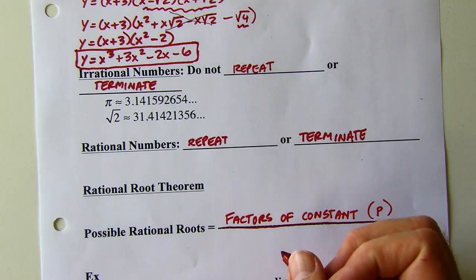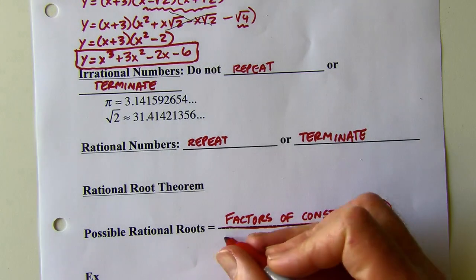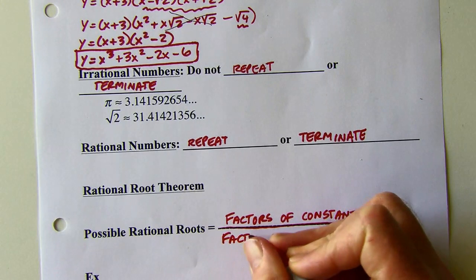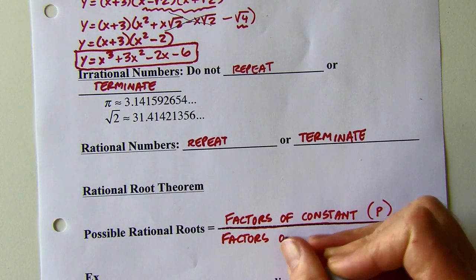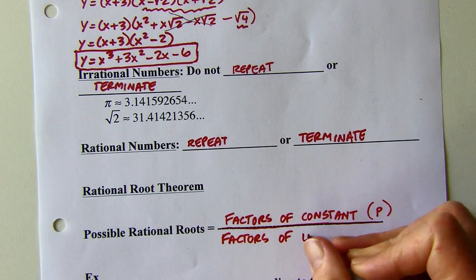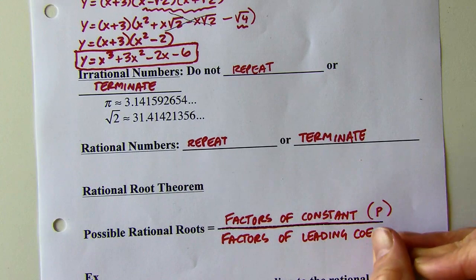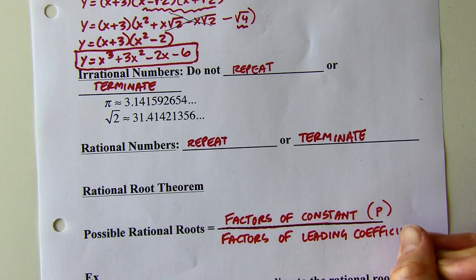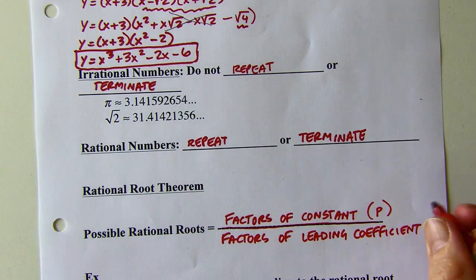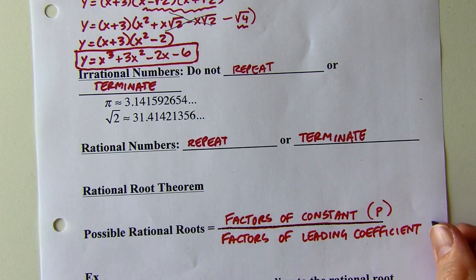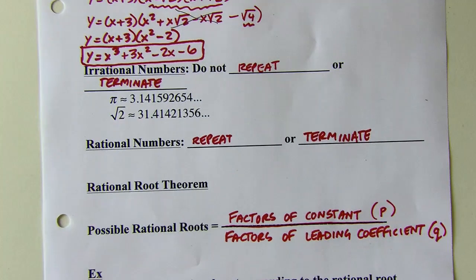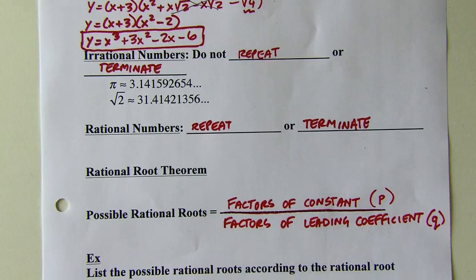And that's going to be over the factors of the leading coefficient. And we're going to use a q for this. I guess it doesn't matter if it's uppercase or lowercase. But anyways, we often use p and q for that, okay?